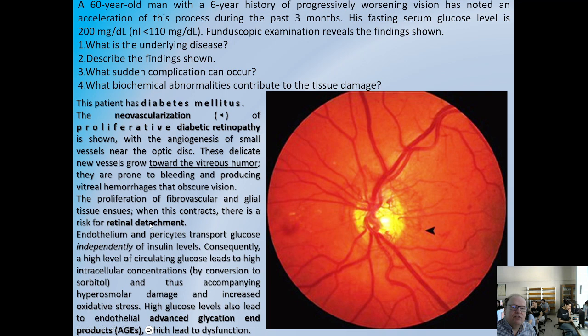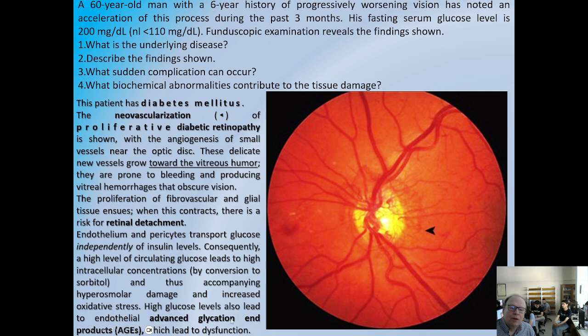Again, there is a danger for retinal detachment, another cause of retinal detachment other than tumor. And we have all these cells of the vessels, endothelium, pericytes, affected by a high level of circulating glucose, and these high glucose levels lead to endothelial damage.